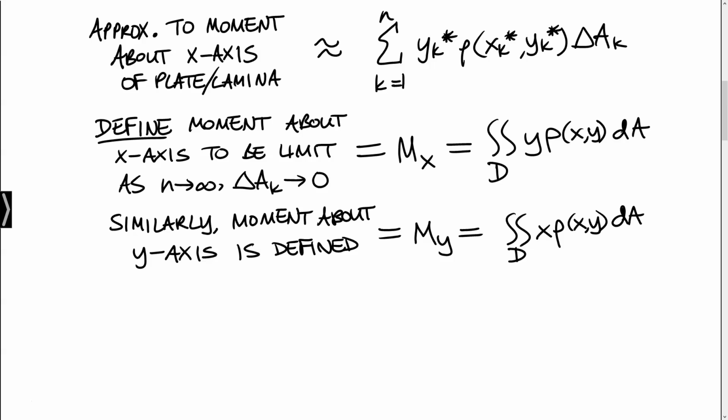So a good way to think about what the center of mass is, let's say we want the x coordinate of the center of mass. Well, what we're doing there is taking the moment about the y-axis, M sub y, and you can almost think of this as the average distance to the y-axis over the entire lamina.